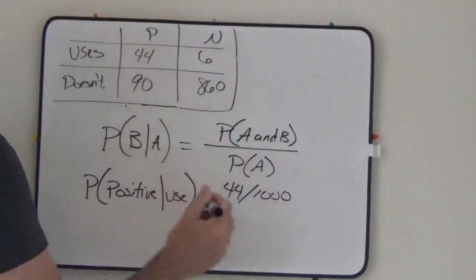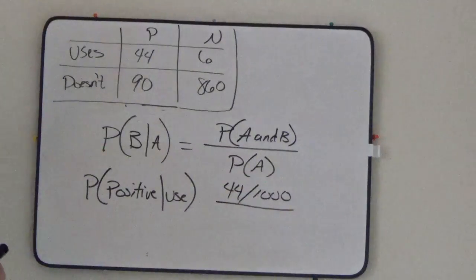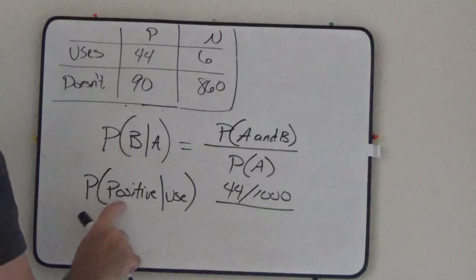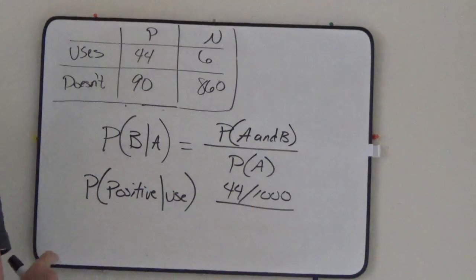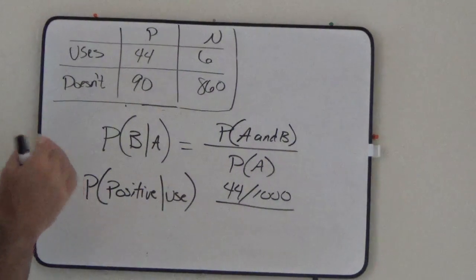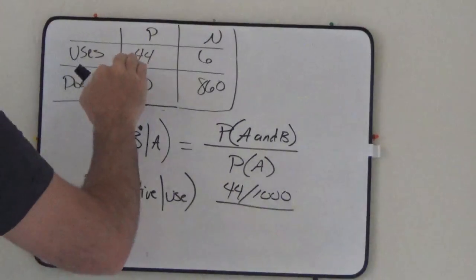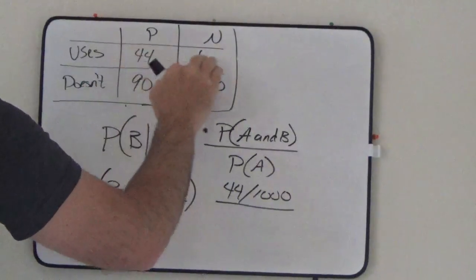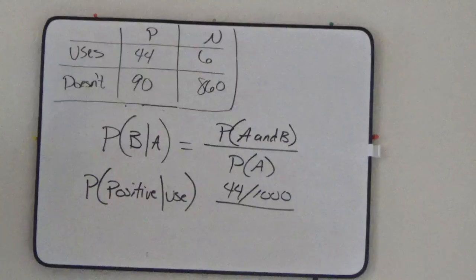Adding all these together is 1,000, right? Then we want the probability of just A, so the probability of getting a positive. Well, the positive results are for users, right? There are 50 of the users who have positive results.